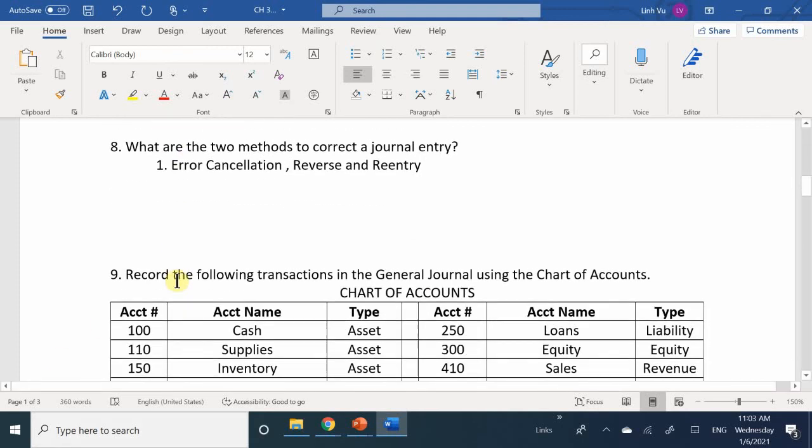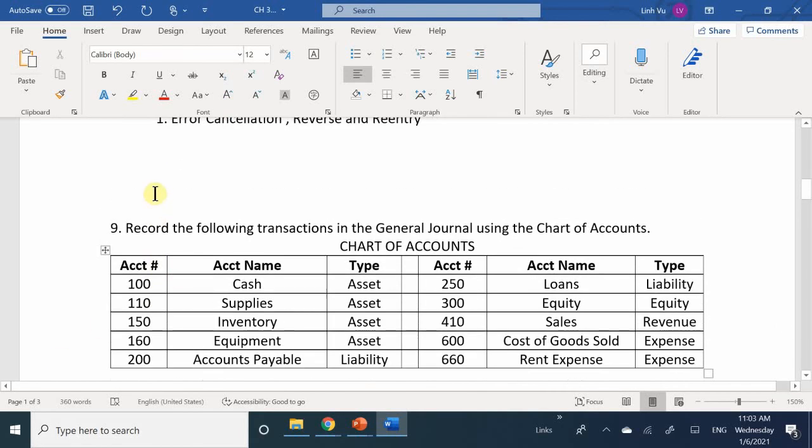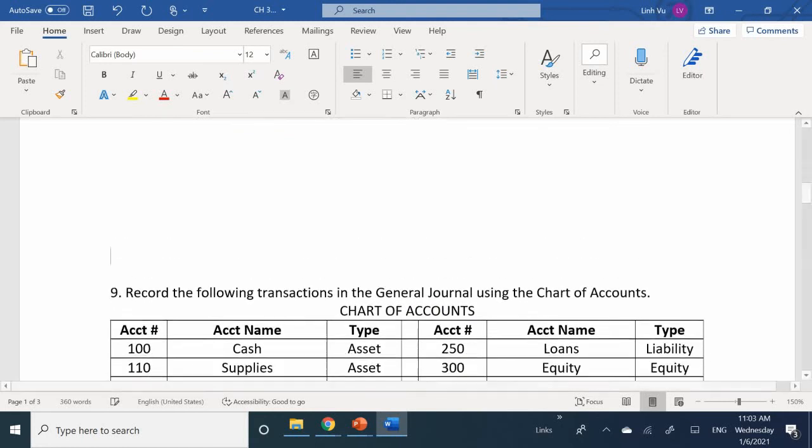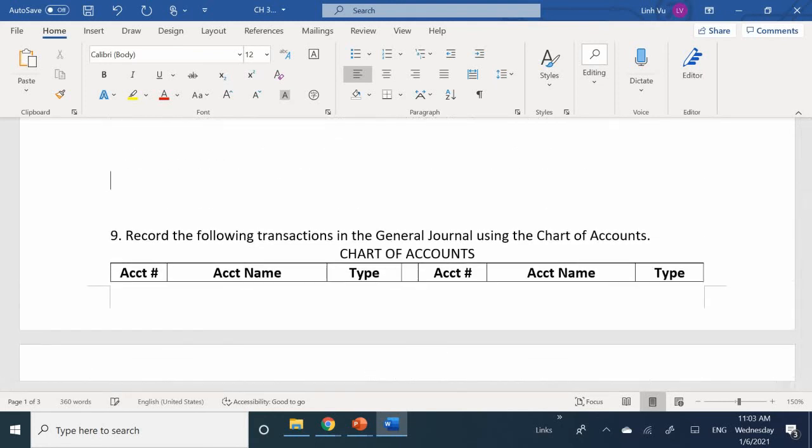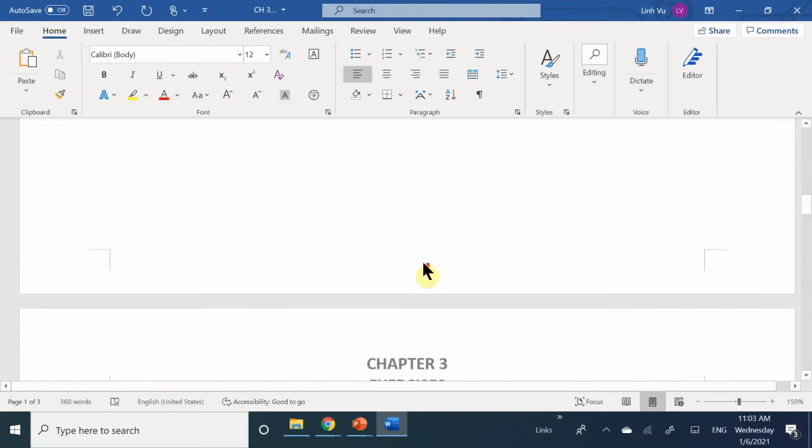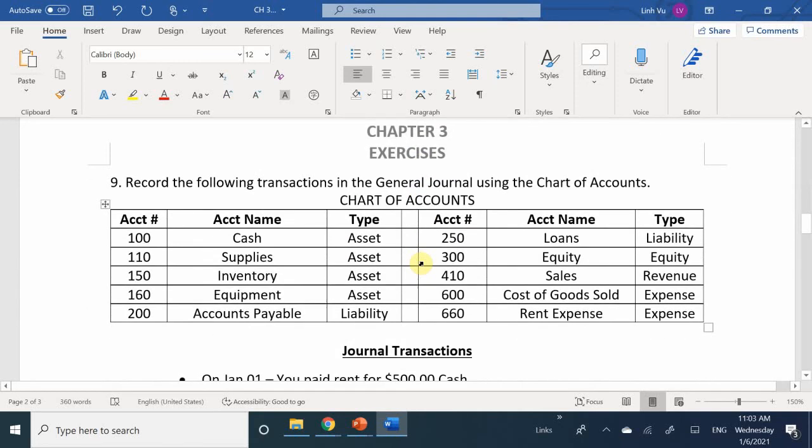Number 9. Here I give you a chart of accounts, so this is where we're going to practice journalizing. You have cash. The account number is on the left side, and the associated account name is on the right side.